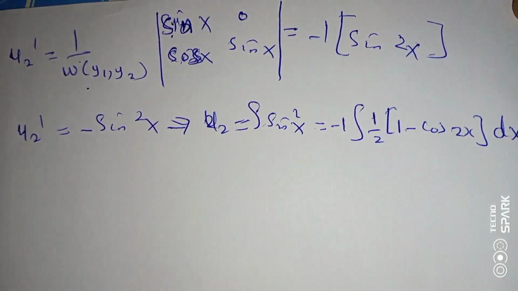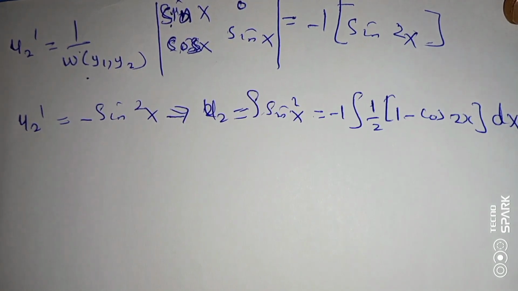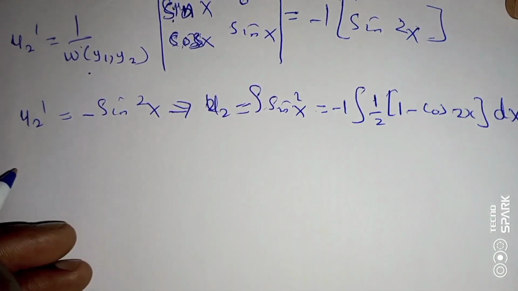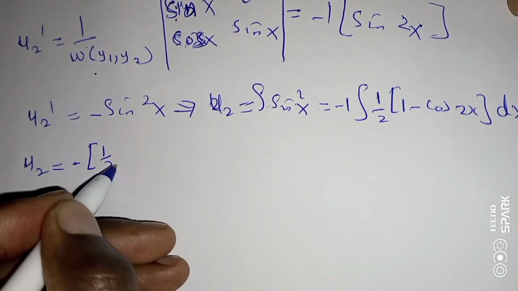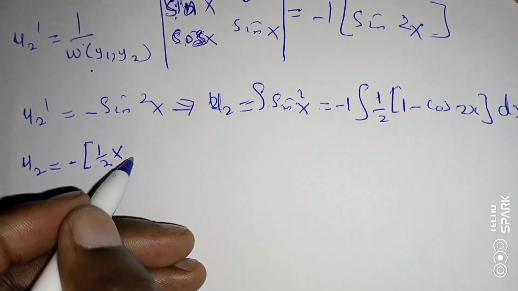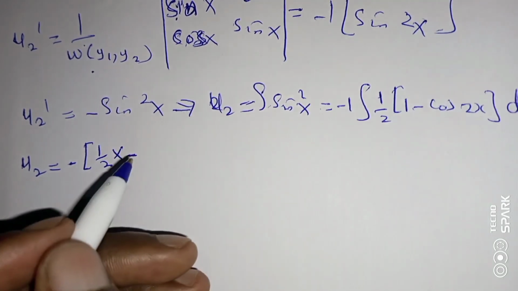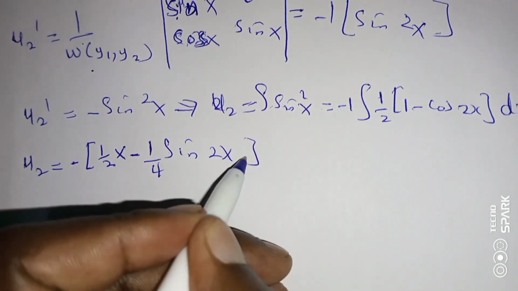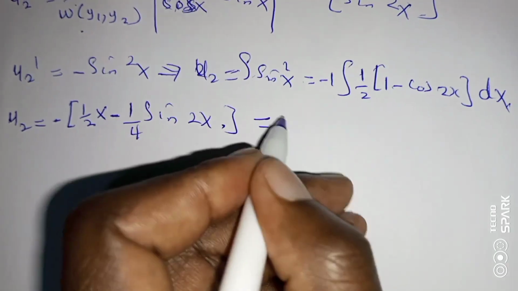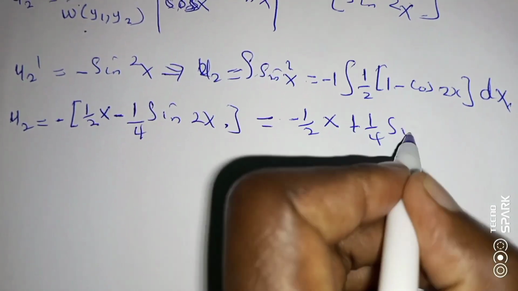To integrate trigonometric functions of even powers, you can check my YouTube channel to find how we come up with this result. So u2 is equal to negative into bracket half x minus 1 over 4 sine of 2x, which can be written as negative half x plus 1 over 4 sine of 2x.